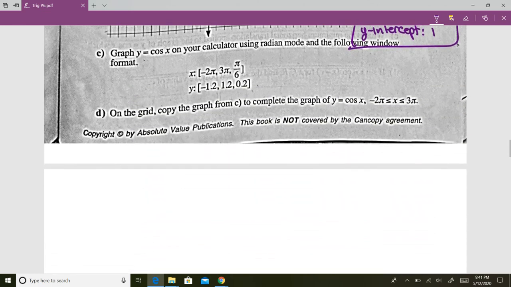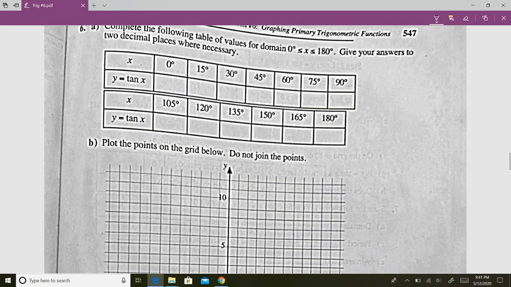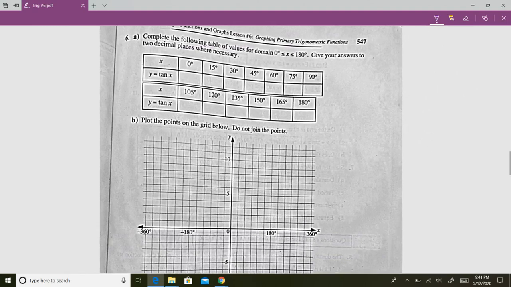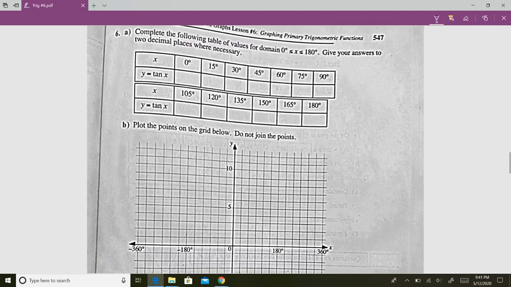All right, there was only one left, peoples, and it's the tan. It's a bit weird. So, tan graph. Tan of 0 on your calculator, you are going to get 0. Okay, let's do tan of 45, do it on your calculator.